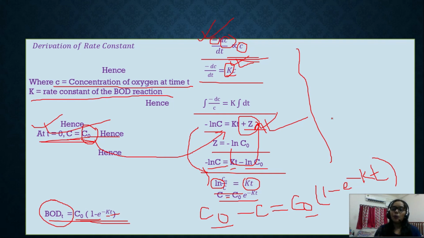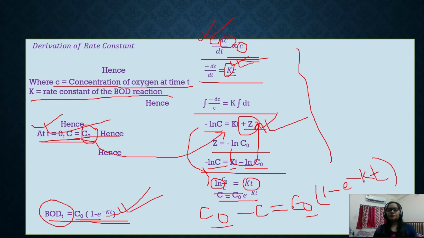Very, very important. From this portion, you can have this type of question: derive the rate constant of the BOD reaction, or prove that BOD at time T equals C0 into 1 minus e to the power minus KT. Prove it. So that time you have to derive it this way.